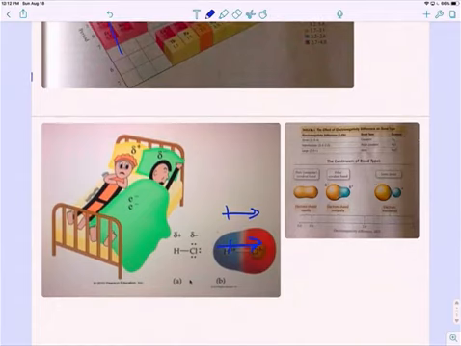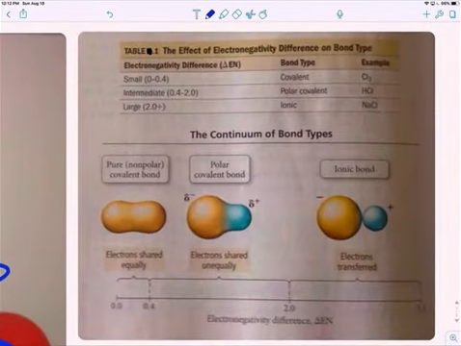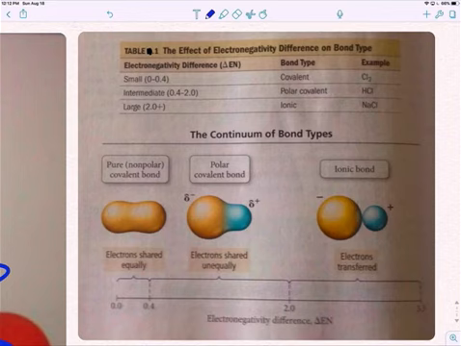With electronegativity differences, you can see here, different small, intermediate, large. I personally don't agree with this, but I'm going to teach it anyways. In my opinion, if it's two different atoms, it's a polar covalent bond. The reason we have this is because organic chemists consider the hydrogen-carbon bond to be completely covalent, but it's not.